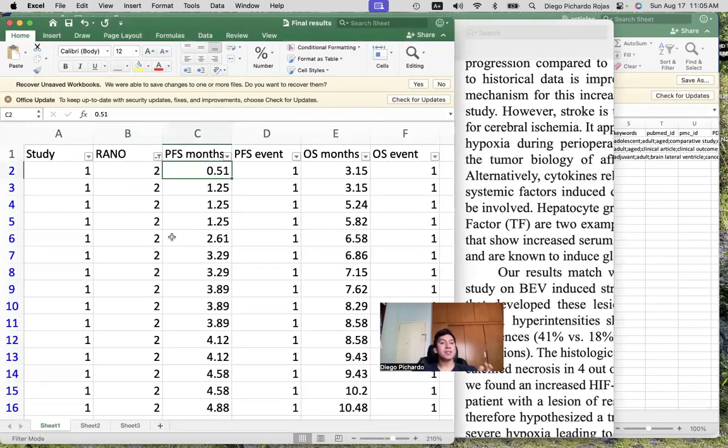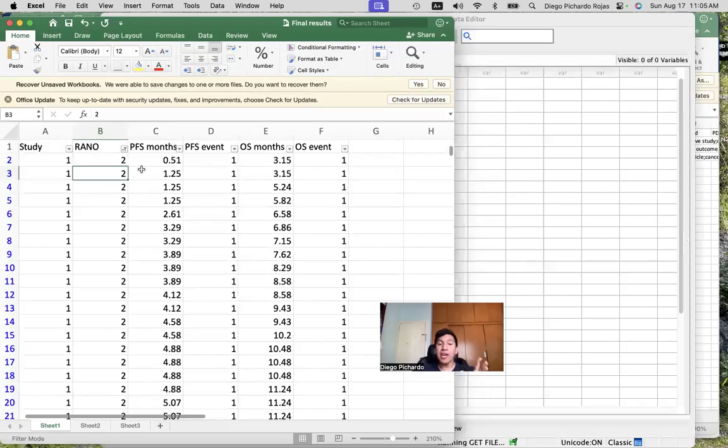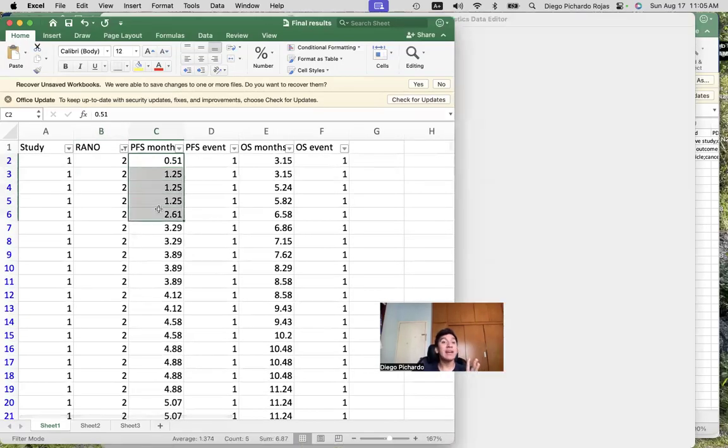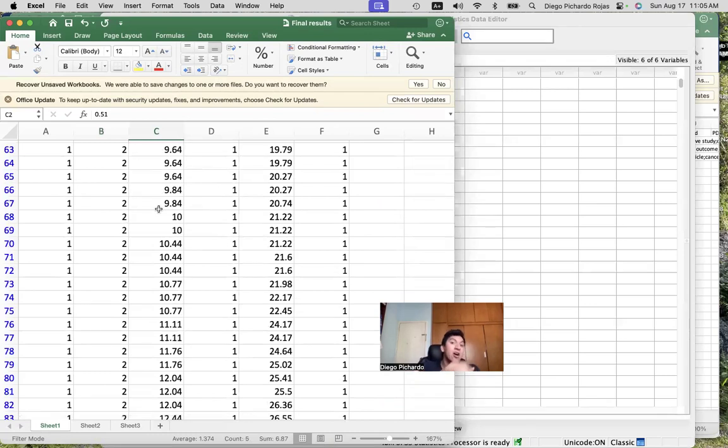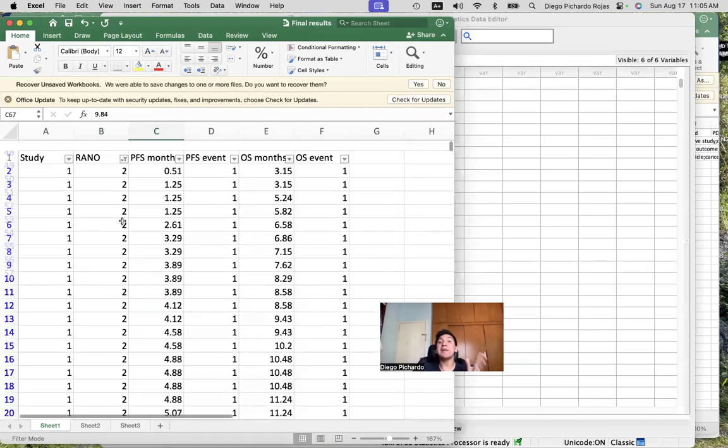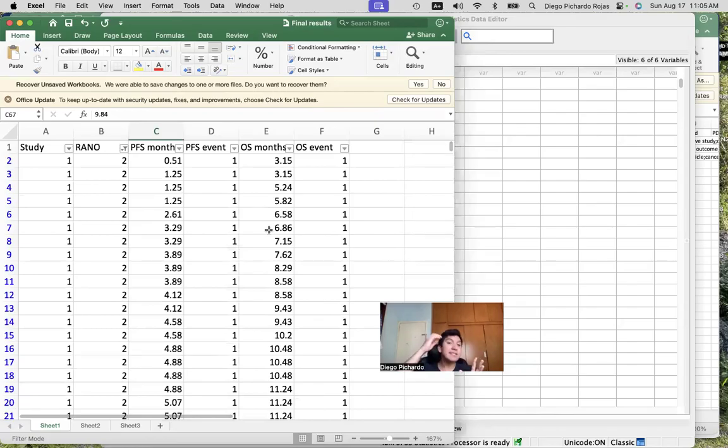If we had 300 patients, we needed 300 data points on when they reached a specific outcome, which was either dying or, in another analysis, progressing. That makes sense? If we want to analyze 300 patients, we need 300 data points.